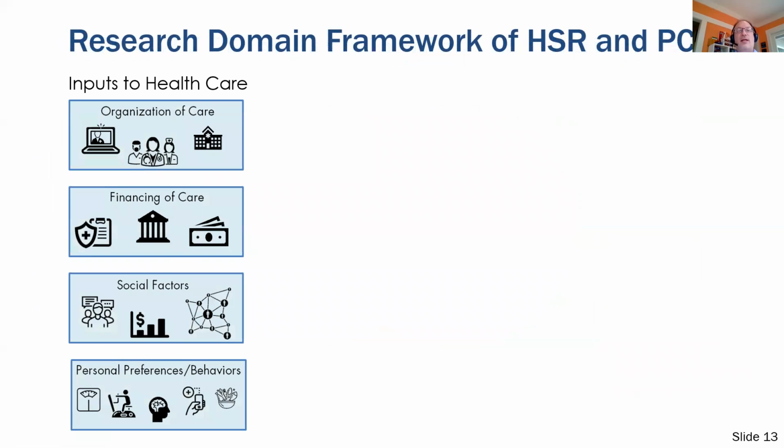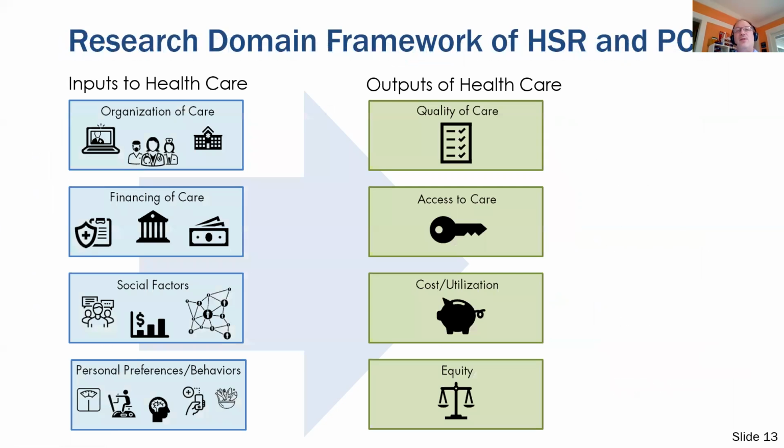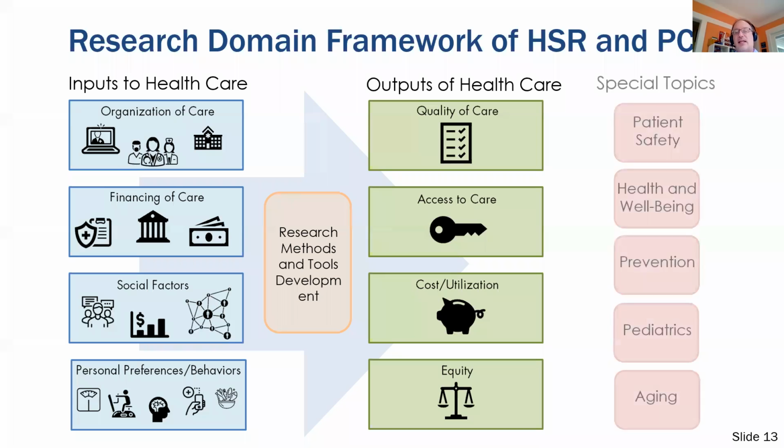And we also derived a framework of research domains within HSR and PCR, which included four domains for inputs to healthcare, four domains for outputs of healthcare, and development of different types of research methods and tools, as well as a set of special drill down research topics.